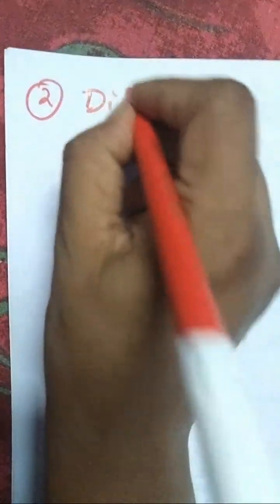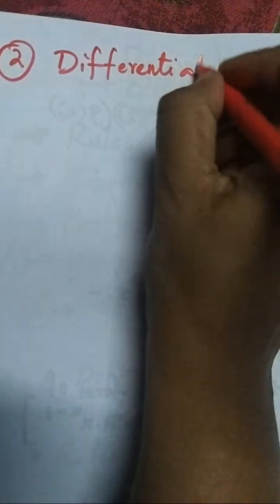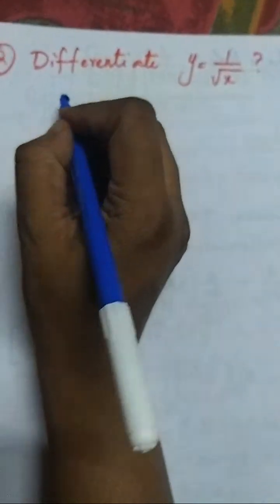The second question given is: differentiate y equal to 1 by root x. Now y equal to 1 by root x is given.